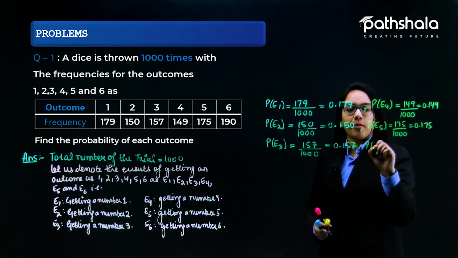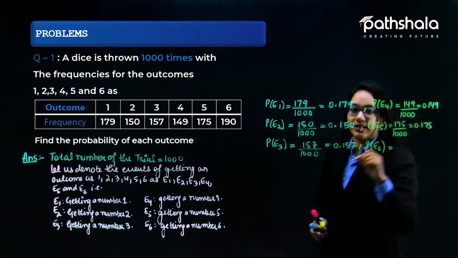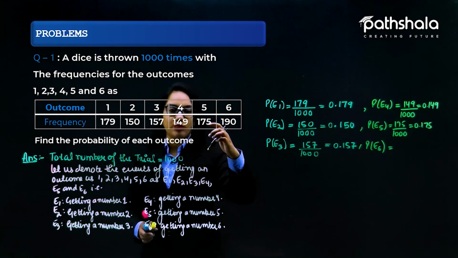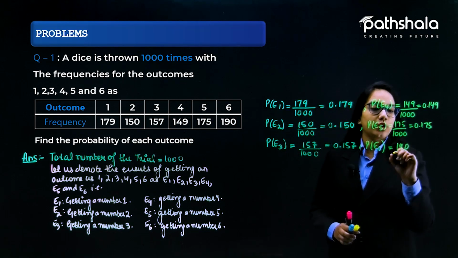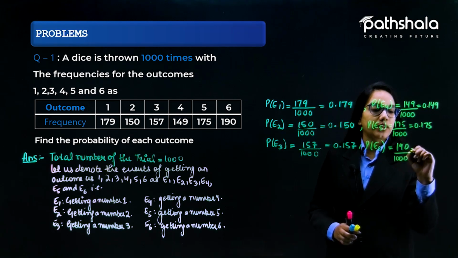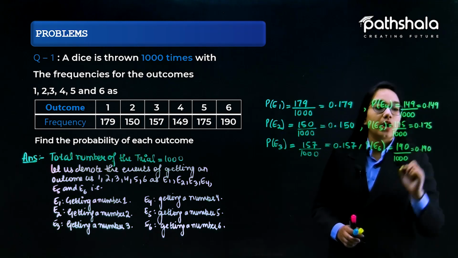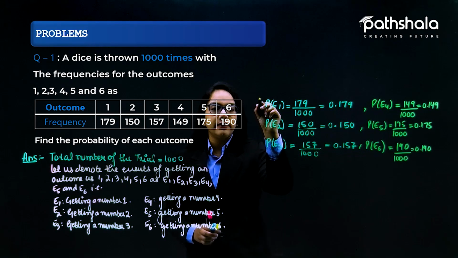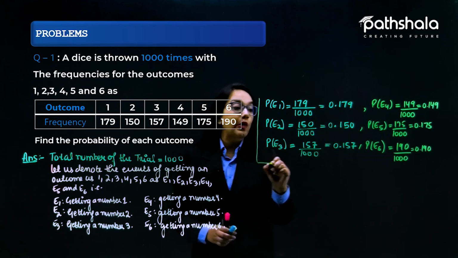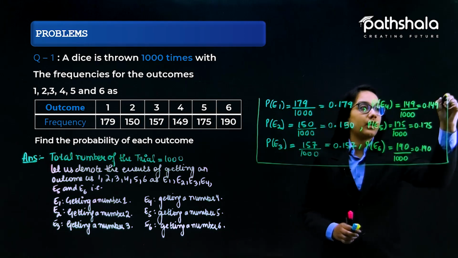Now let's talk about the probability of E6, getting a 6, which is 190 divided by the total number of trials, 1000, which is 0.190. So these are the probabilities of all the events, or all the outcomes.